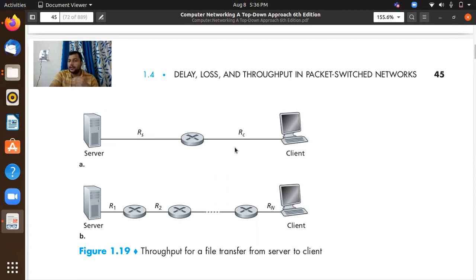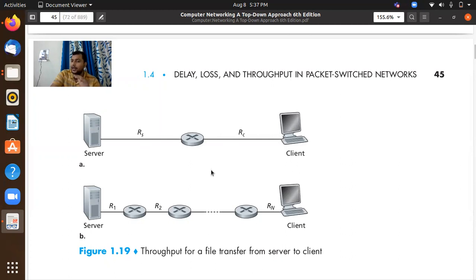By what rate can you push your bits over a wire? So the server can push RS number of bits in 1 second, the client can push RC number of bits, and this intermediate router, depending on the interface on which the link is connected, can transmit with a speed of RS bits per second or RC bits per second.